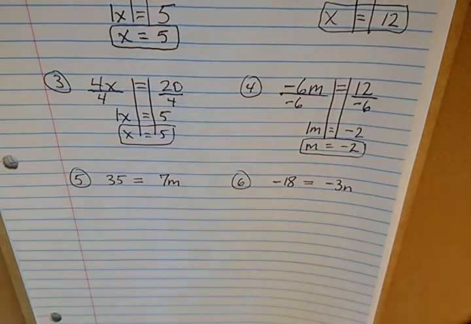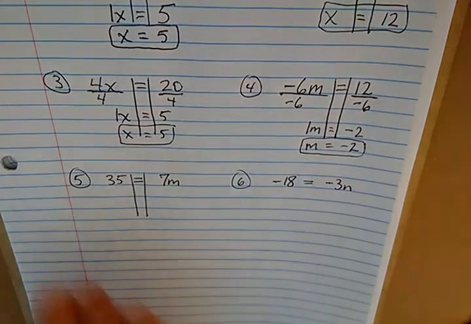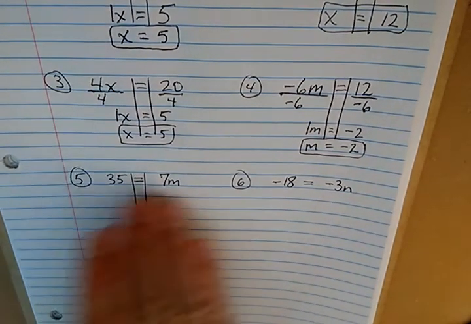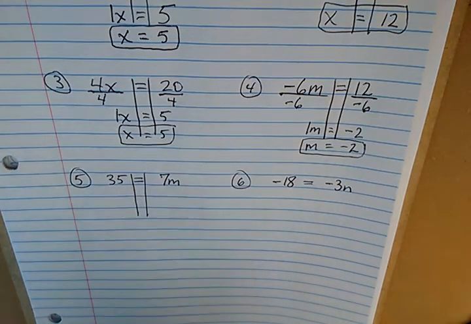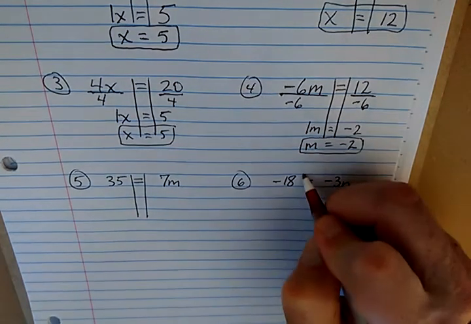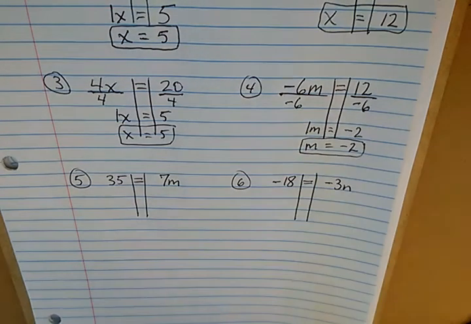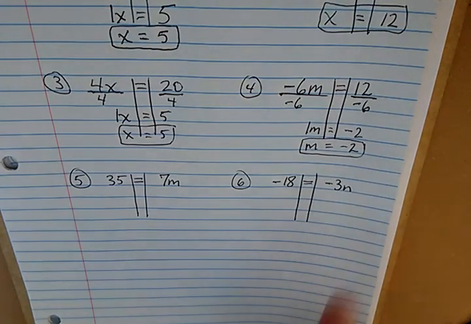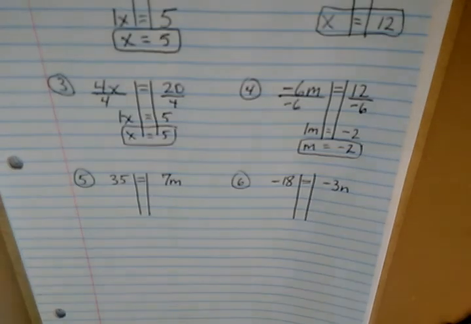Remember that when you're looking at the left and right sides of the equation, you need to focus on the side that has the variable, because that side is going to give you the idea of how to begin solving. So go ahead and solve those two problems and start the video again once you're done.